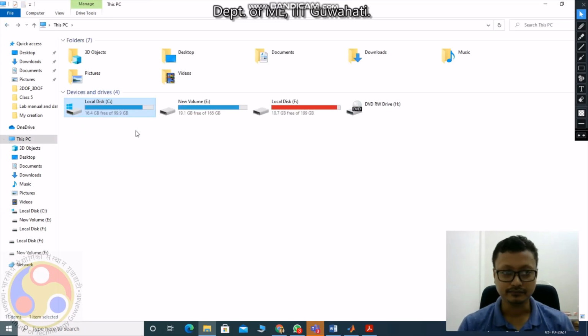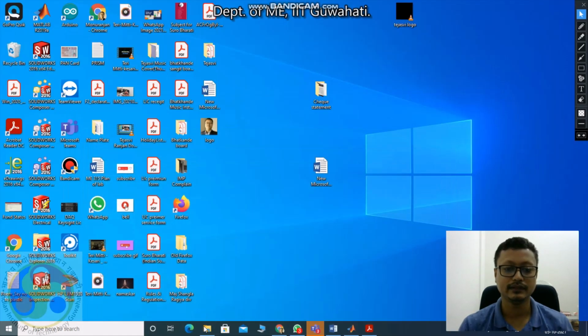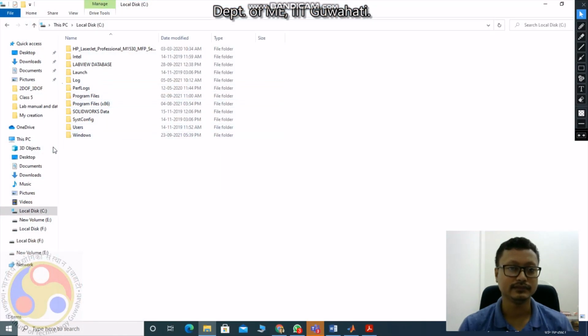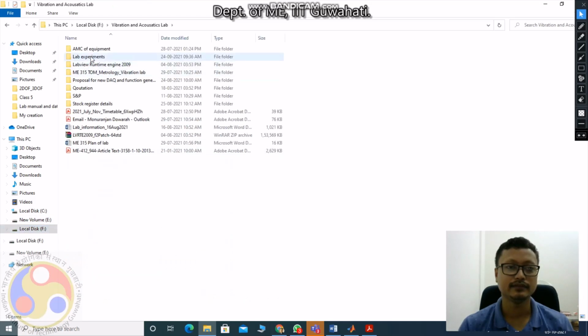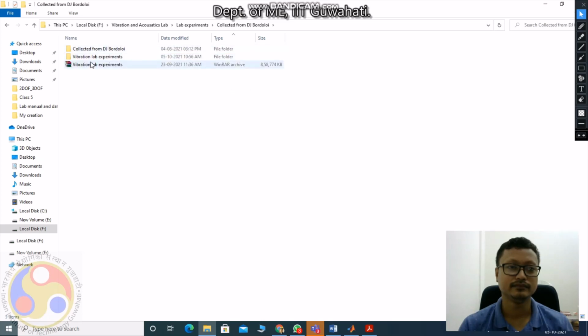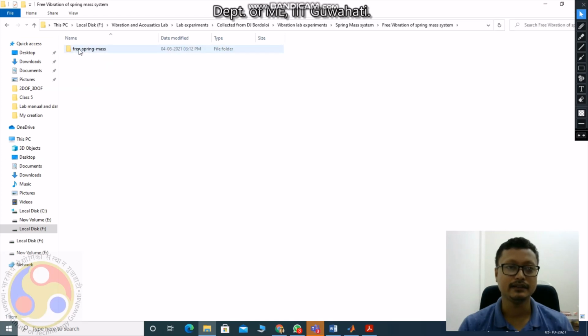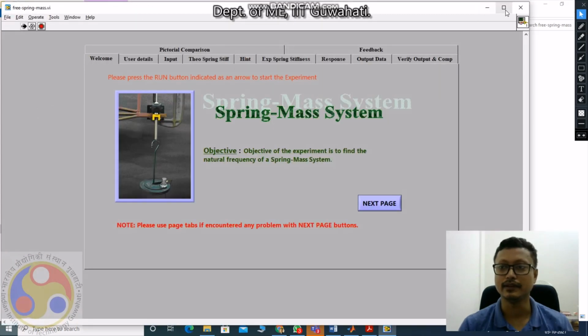Then you need to go back to the previous file and open this first file. There is the application part; double click there and it will open like this.